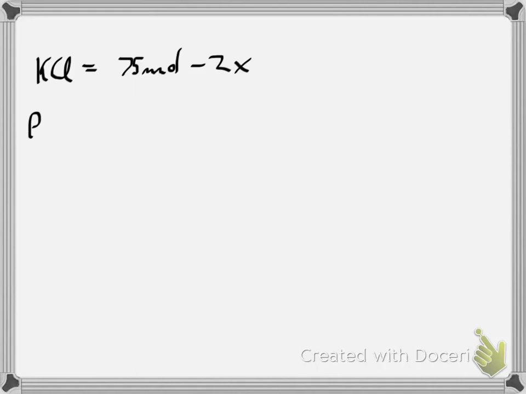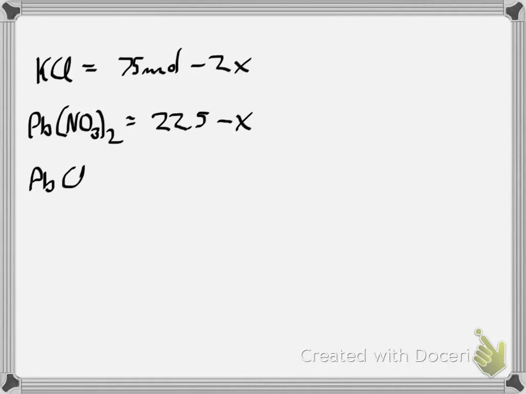Lead(II) nitrate is going to be our 22.5 minus x, and our lead(II) chloride is going to equal the 0, because we didn't have any to start with, plus x. Now, since lead(II) nitrate is our limiting reactant, set that equal to 0, solve for x. x is equal to 22.5 millimole.